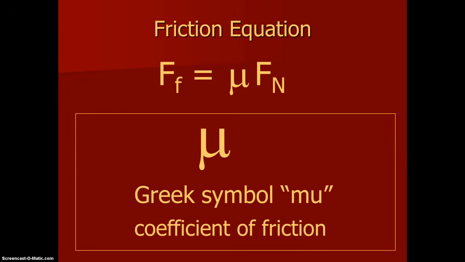Something you have to know about mu. It's always greater than 0, and it's always going to be less than or equal to 1. So think about this. If mu is 0, then the force of friction would be 0. You'd have a frictionless surface. But go the other way. If mu is equal to 1, then the force of friction is equal to the force normal.